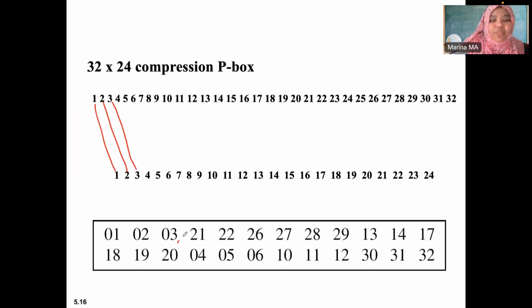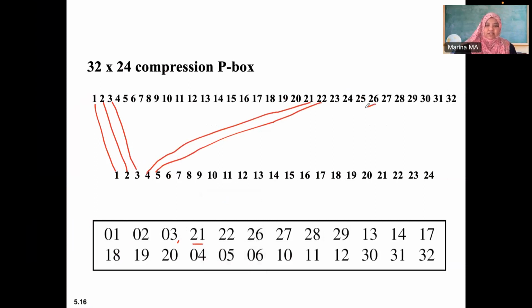Fourth one: 21st position in the plain text becomes the fourth position in the ciphertext. Look, fourth. Okay? 22nd is the fifth position.